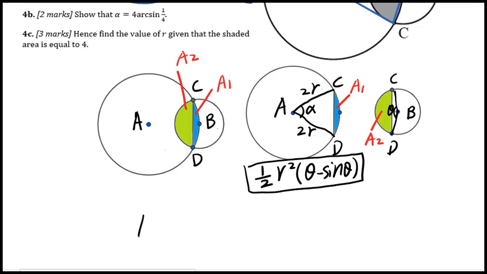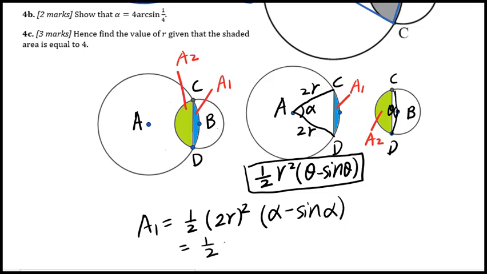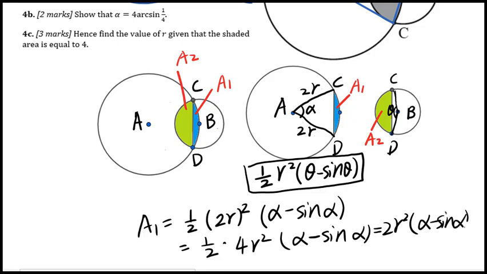For A1, you will get 1/2, the radius is 2r squared, then alpha minus sin alpha. We simplify, you will get 1/2 times 4r squared times alpha minus sin alpha, equals 2r squared times alpha minus sin alpha.